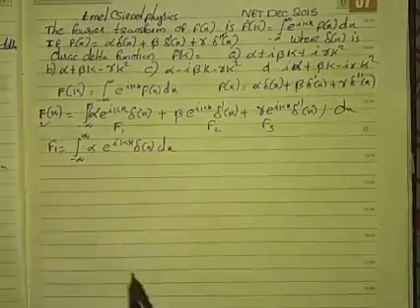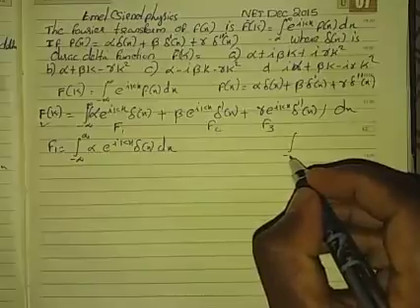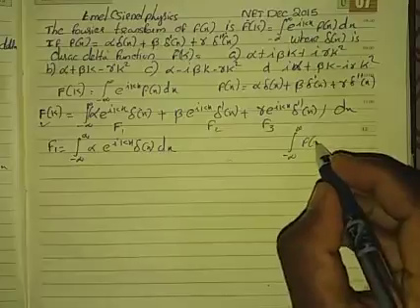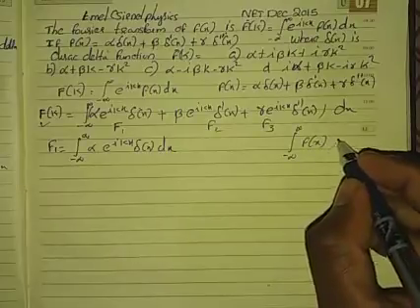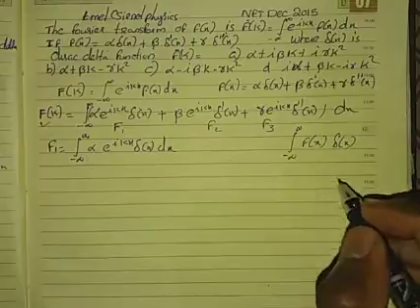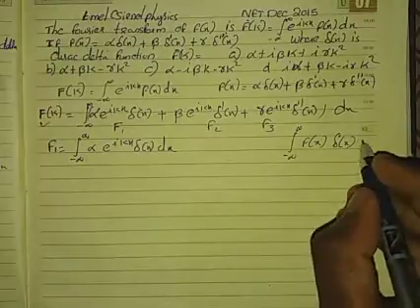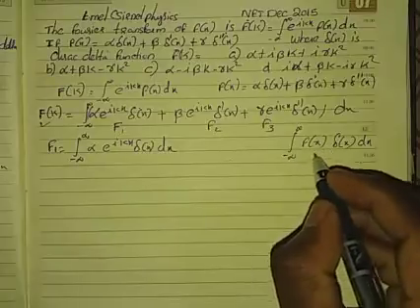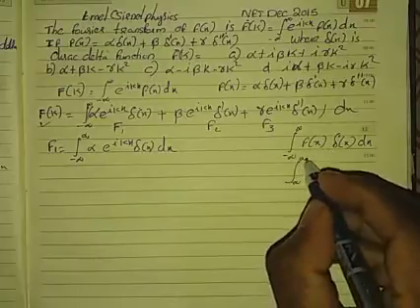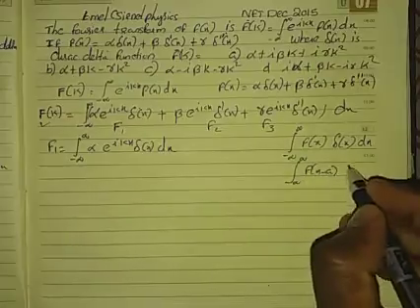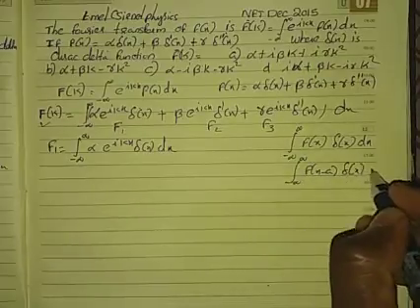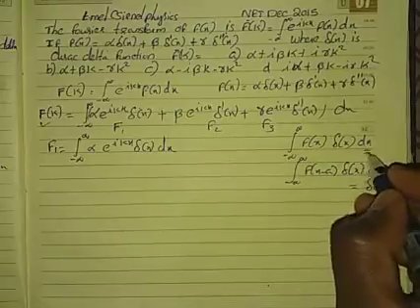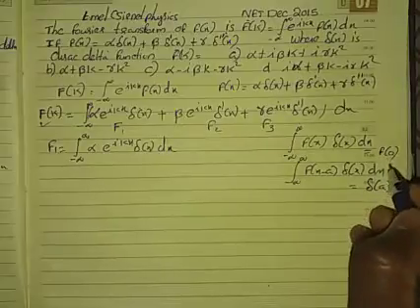This function is of the form integral from minus infinity to infinity of f of x into delta of x dx. So the integral of f of x times delta of x minus a dx will be equal to f of a, so this would be equal to f of 0.